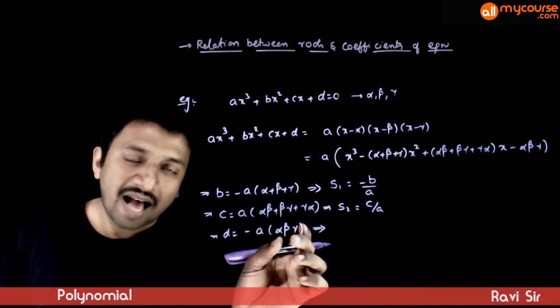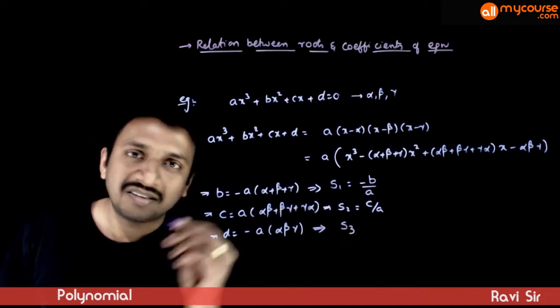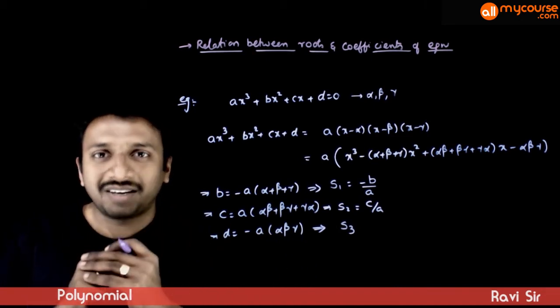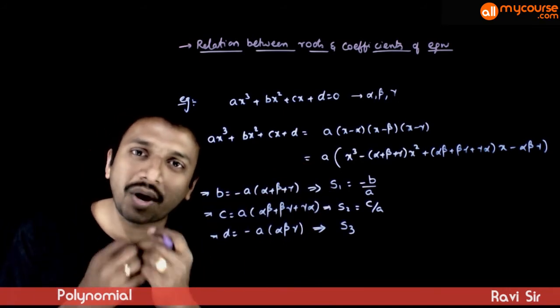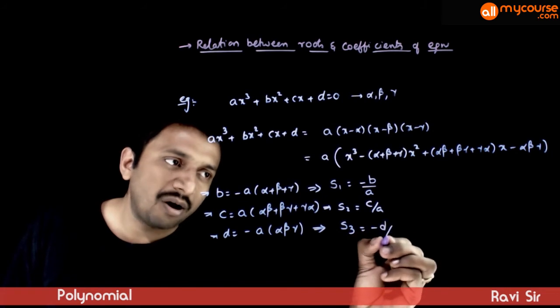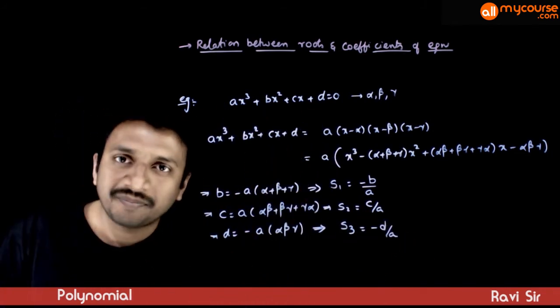And alpha beta gamma, I can think of it as the sum of products of three roots taken at a time. If you want to take three roots, I can take them in only one way. So alpha beta gamma is equal to minus of d by a, minus of the next coefficient by a.